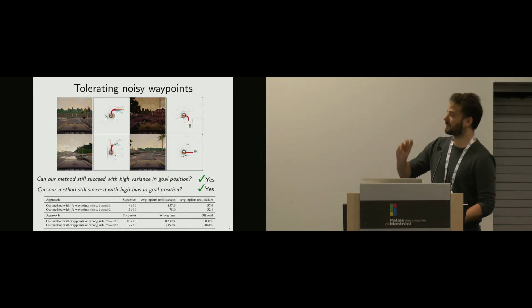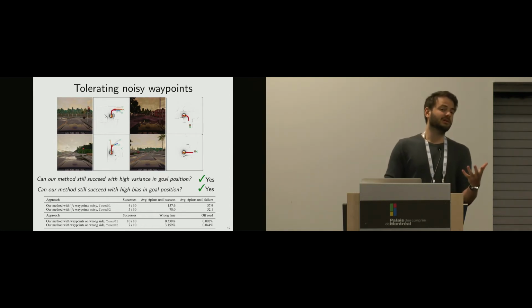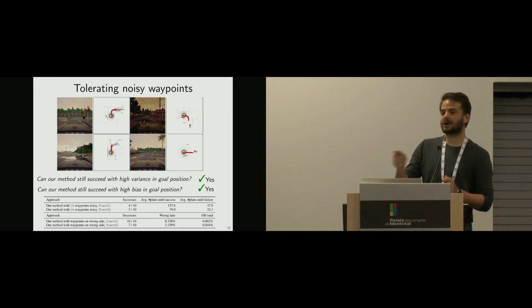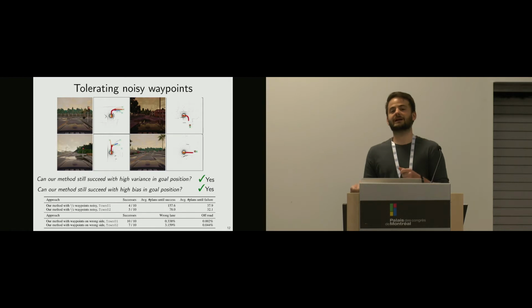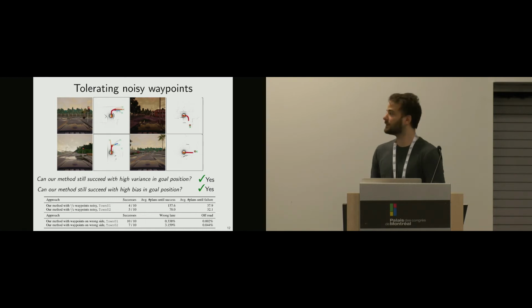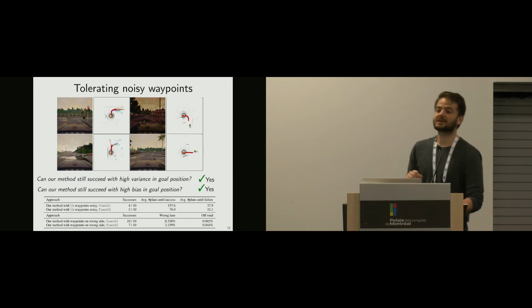The first experimental setting is if half of my waypoints are good and the other half are high variance, can the model, under its planning, choose among these options which is the cleanest one to plan to? And we see the model doesn't get too much worse by planning with these high variance goals.